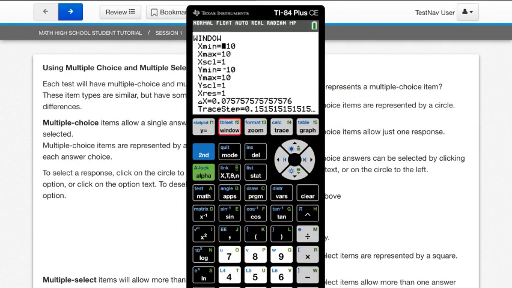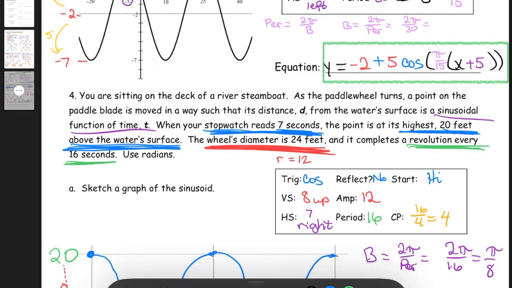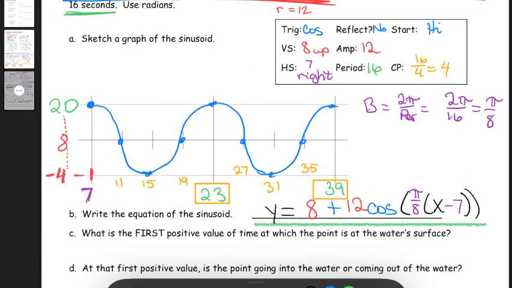So I'm going to go to window, make that x minimum maybe about -3. Make that x max about 45. Keep that scale at 1. Now, for the y's, our y's went from -4 up to +20.